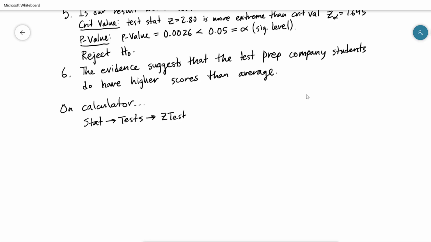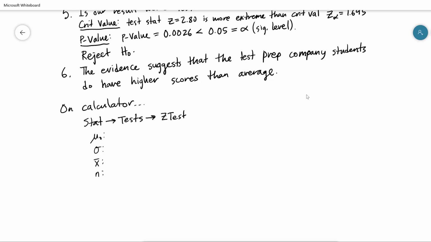So select z-test. It should be the first option on your calculator. And we'll use the stats option. As before, it'll ask whether we want to use data or stats. I'm going to use stats, and it'll ask for mu sub 0, sigma, x bar, and n.